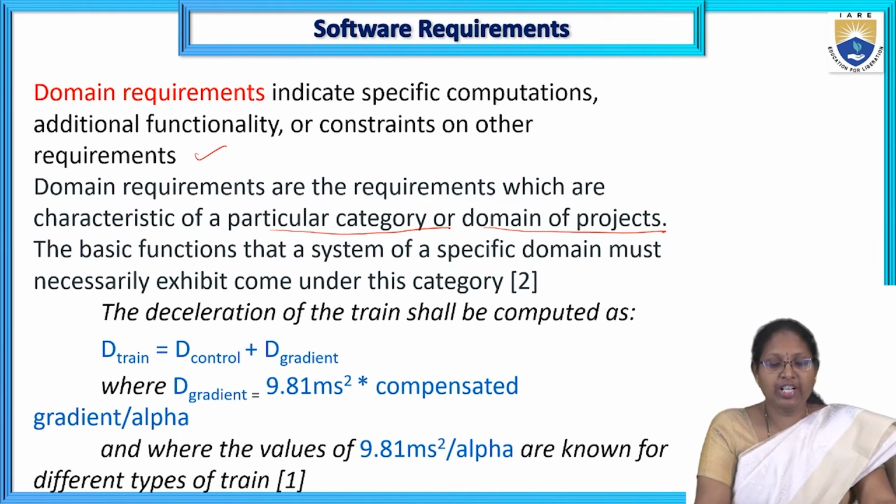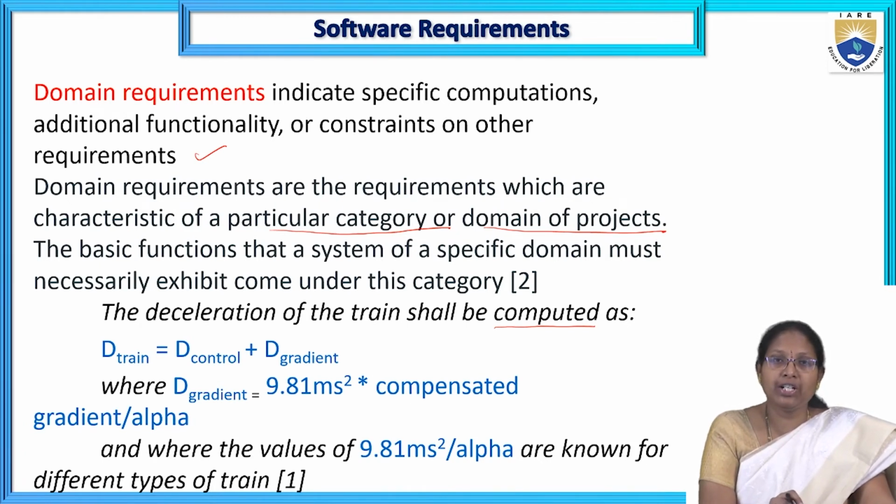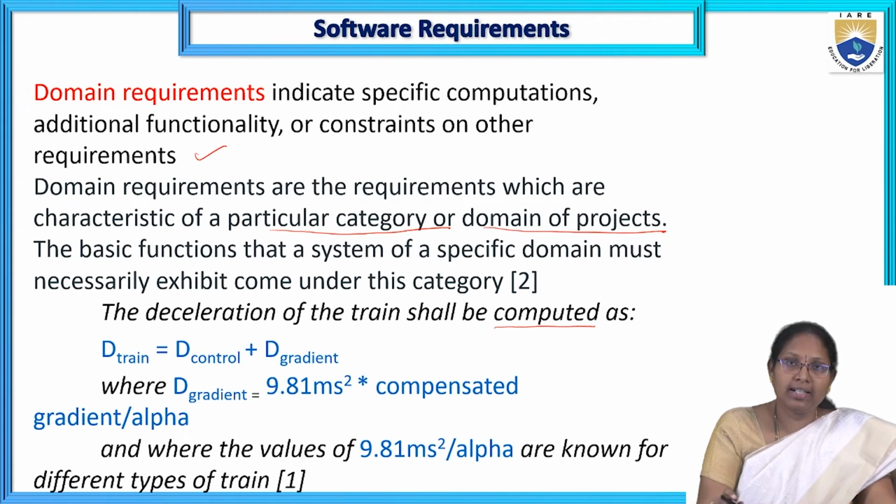Suppose here the deceleration of the train shall be computed. Wherever computations are there, the requirements needed for those computations are under the domain requirements. Suppose D train is equal to an expression: D train is equal to D control plus D gradient. D gradient is the domain requirement.